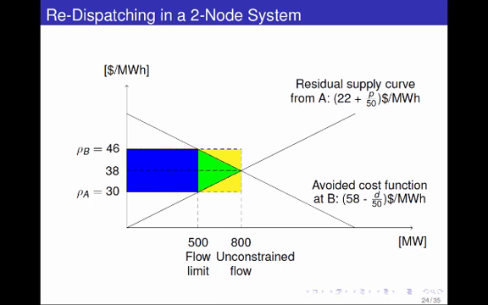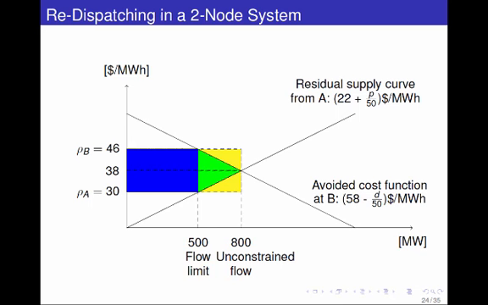The way we get this cost function is you want to now be thinking, if I'm a consumer at area B, how valuable will be the first megawatt coming from area A? Well, the first megawatt coming from area A is going to save me from buying power from a more expensive local supplier.